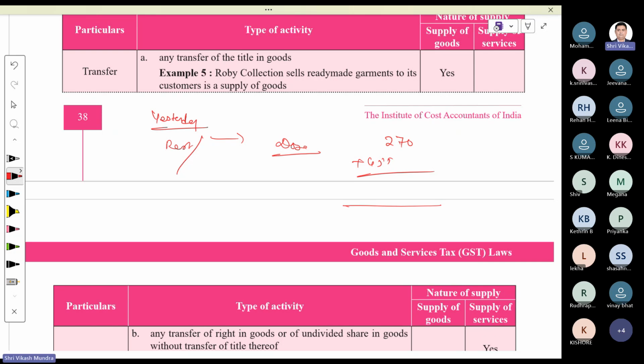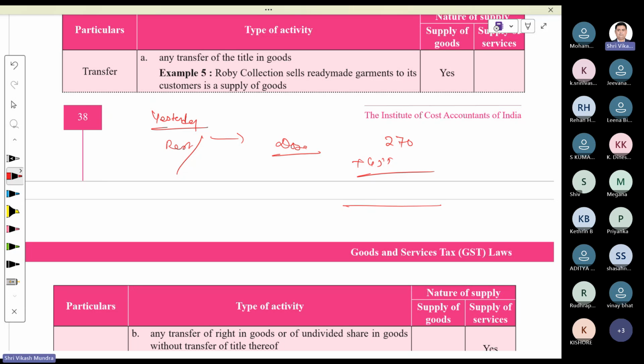But yes, dear student, even though it falls under the same tax law, we still need to segregate this. Why? Number one, try to understand. There may be different threshold limits for registration in case of supply of goods and supply of services. So we need to identify whether I am a supplier of goods or a supplier of services.